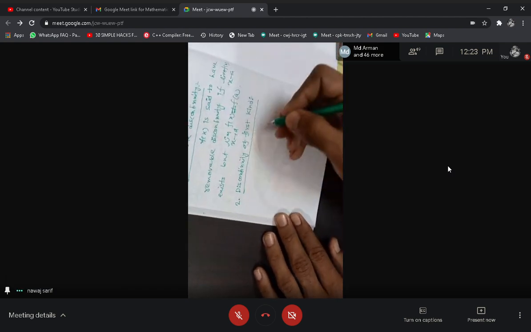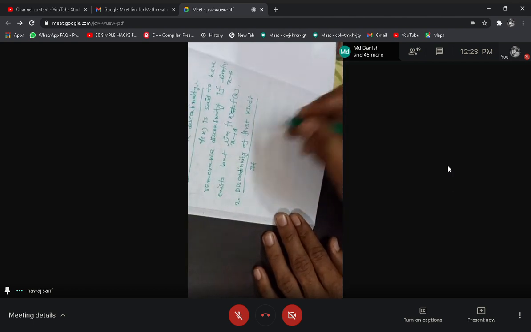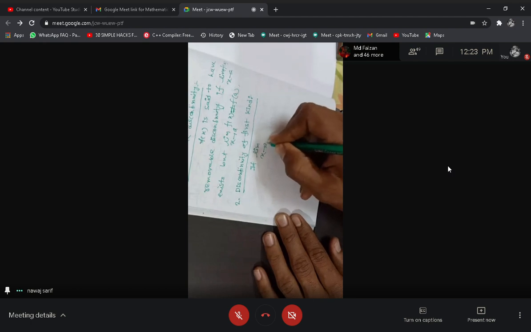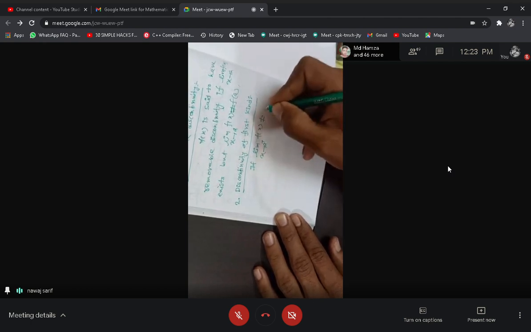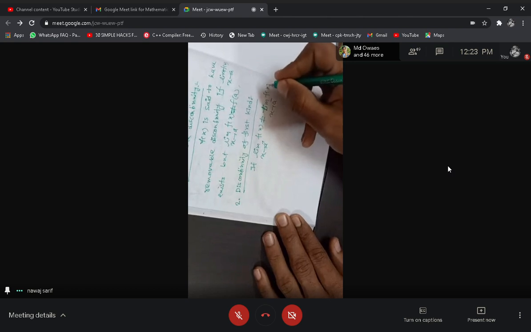Okay, if the limit as x tends to a plus of f(x) is not equal to the limit as x tends to a minus of f(x).